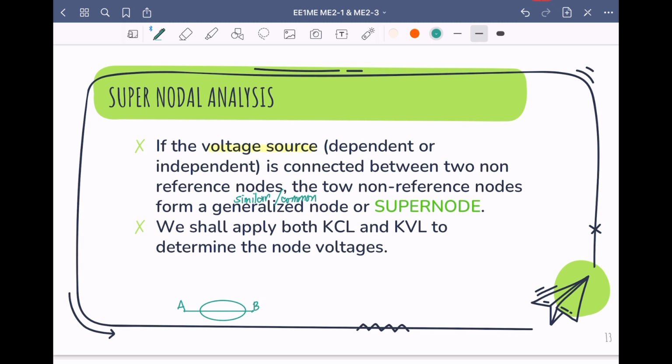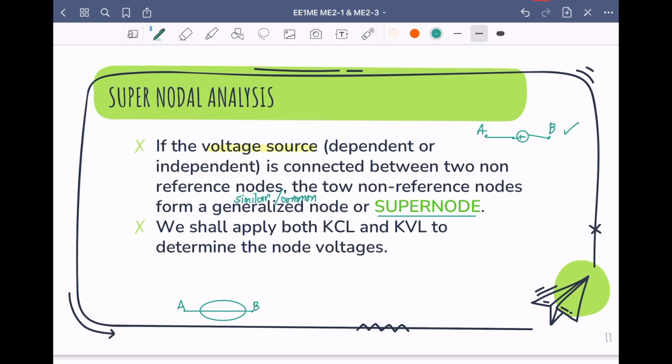In this case, para malaman mo daw kung alin ang magiging supernode, kapag daw po ang nodes na meron ka, let's say for example again, node A and node B, sa pagitan ng dalawang nodes na ito, ang laman lamang niya ay voltage source. Okay, either dependent or independent ang voltage source mo, then these two nodes will form a supernode.